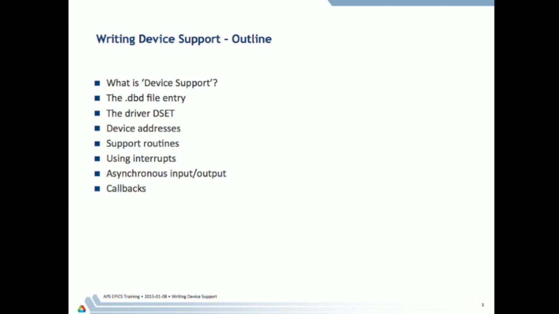We'll talk about device addresses, the link addresses that we use to actually point to particular pieces of hardware we want to interface to, the various different support routines that have to be written as part of the device support, how you go about writing code that uses interrupts or some other way of basically letting the IOC know that there's new data around. And we'll talk about asynchronous input and output and the use of callbacks.